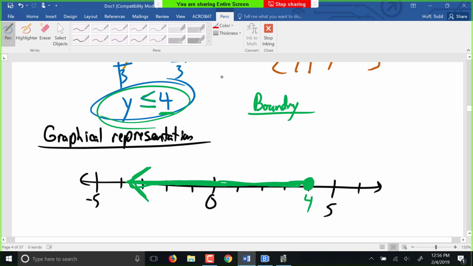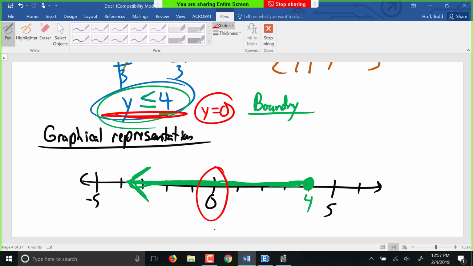We can take a test point. 0 is pretty obviously on what we've colored in as the solution side of that boundary. If I put 0 in for y, if y equals 0, is that inequality true? Yes. So yeah, we shaded in the right side of that number line.